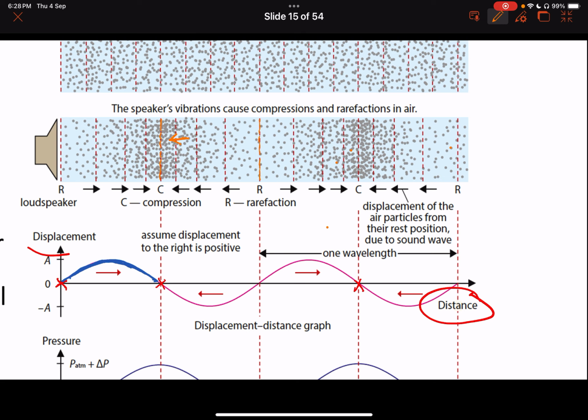So let's say the right side of the compression, all the particles are squeezing towards it, so they will travel in a negative displacement direction.